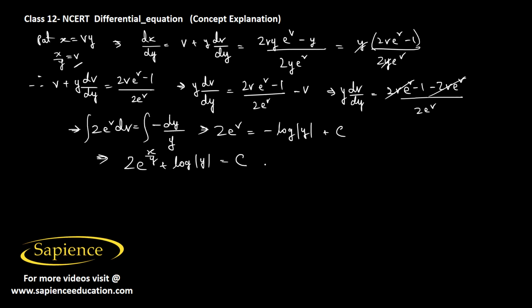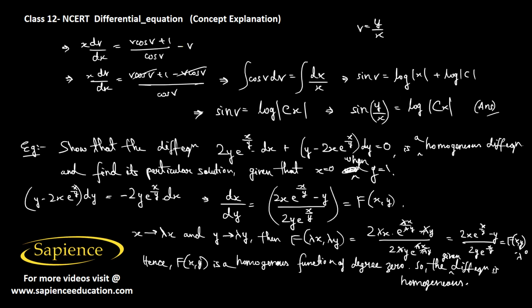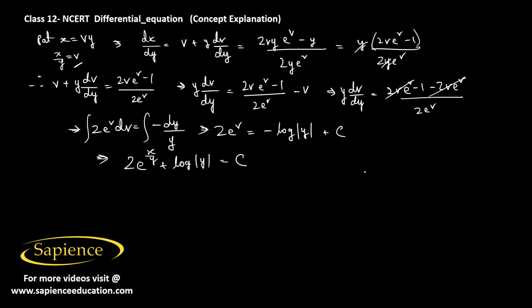So this is the general solution of this given differential equation, but we need the particular solution where the condition is given that x equals 0 when y equals 1. So this we have to put, and then we can find the value of this arbitrary constant. So x equal to 0, therefore we will get 2 e power 0 plus log mod 1 equal to c. So log mod 1 is 0 only, and e power 0 is also 1.